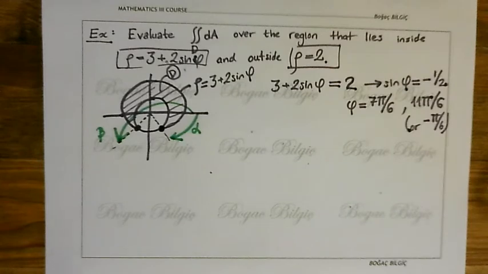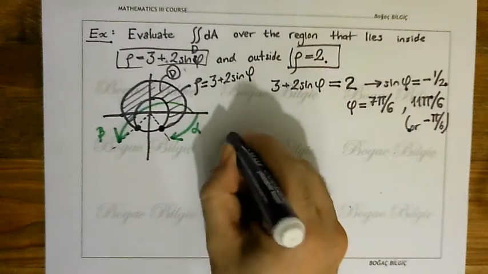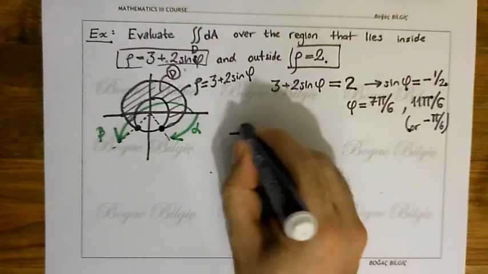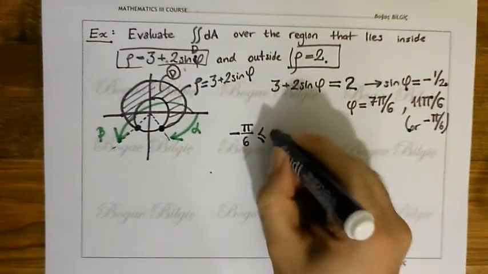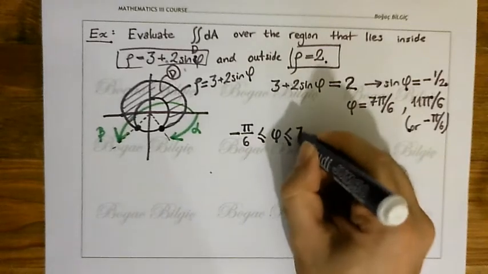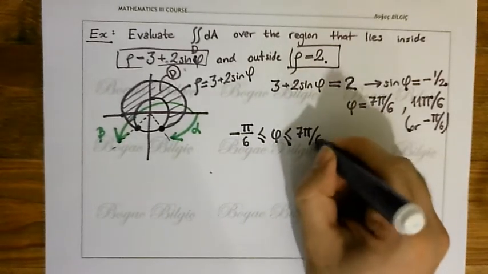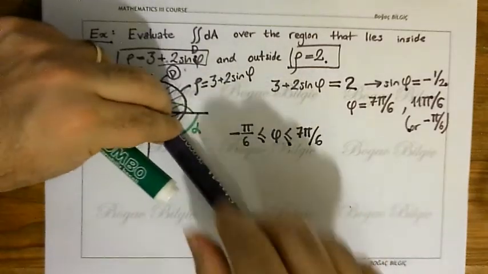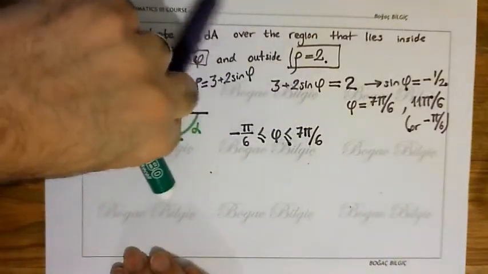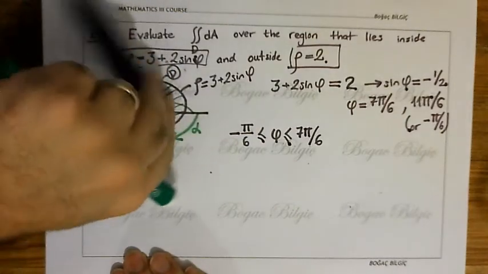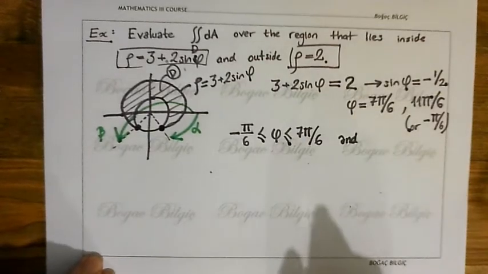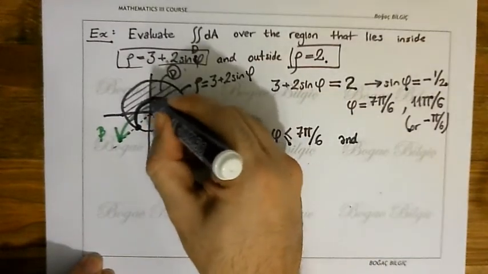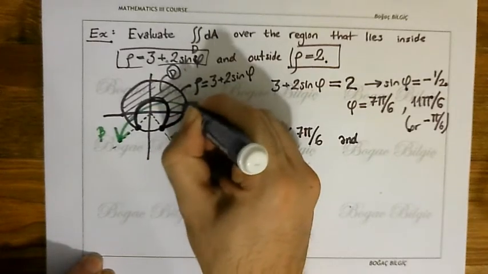The region in polar coordinates is described as minus pi divided by 6 is smaller than phi is smaller than 7 pi divided by 6, because this is the area, and for rho, this is the lower boundary and this is the upper boundary.